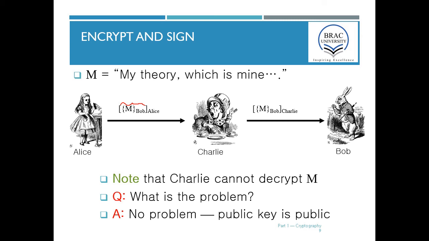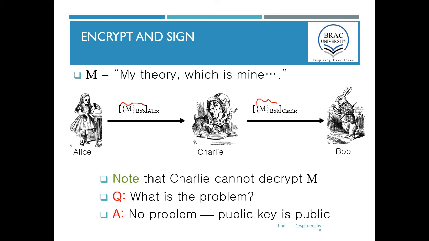Because Alice signed it with her private key and Charlie knows the public key of Alice, he can easily break the signing and get the encrypted message which was sent to Bob. Then he will use his private key to sign this message and send it to Bob.